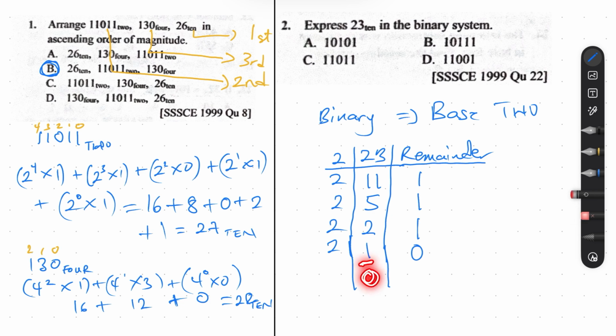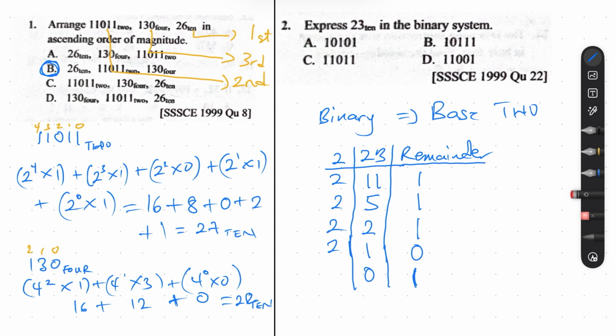So 0. Then the remainder is what? 1, because 2 times 0 is 0. So 1 minus 0 is still 1, right? So that will be 1. So now we are done, because we've reached a point where this side is 0. Okay, cool.